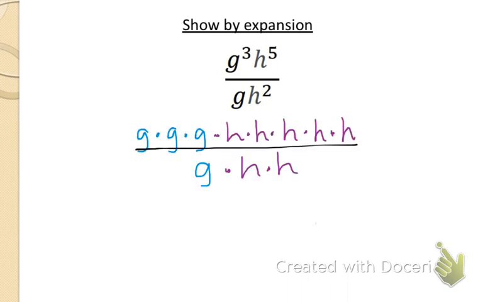Okay, so I expanded my problem. And again, I'm going to apply the same rule of division. When we have a number in the denominator that is equally the same in the numerator, that reduces to 1. So no more g's to reduce, but I could reduce h's. A 1 there and a 1 there. So that's it. Nothing else to reduce.